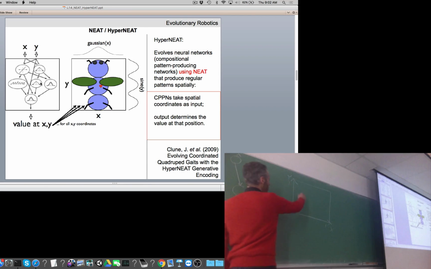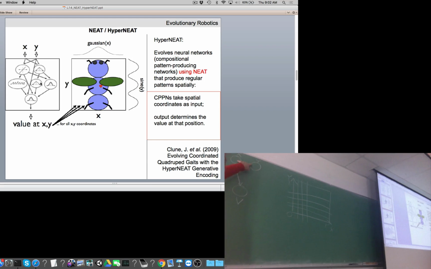I'm now going to enter this plane, and I'm going to just discretize this plane a little bit. I'm going to visit each pixel in this plane, and I'm going to take the coordinate of that pixel and feed it as input to my CPPN over here. Let's start with coordinate 0, 0 over here.